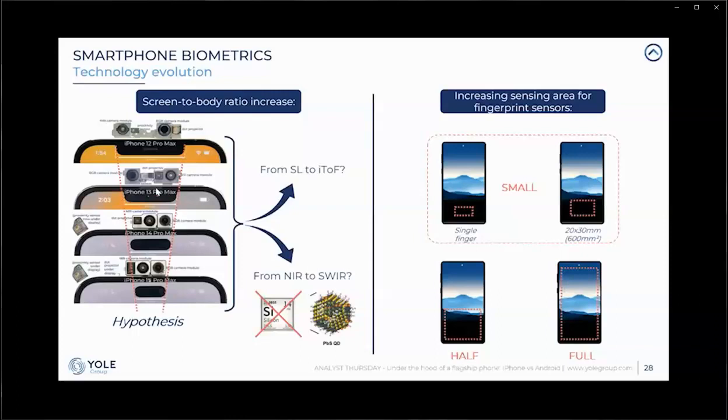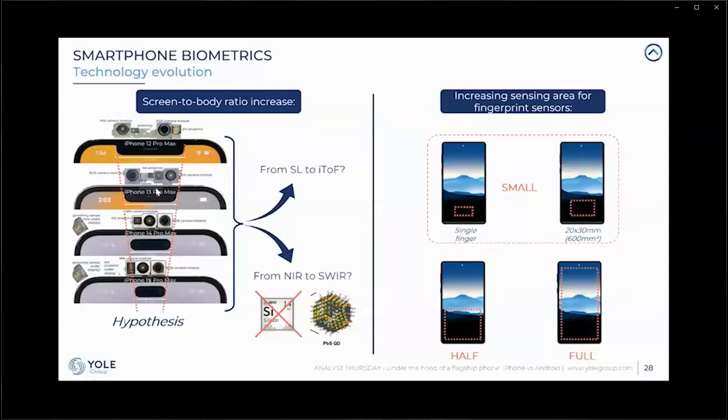And then there is another big trend in the smartphone industry, which is to decrease the size of the notch at the top of the smartphones to increase the screen-to-body ratio. And for that, we would like a technology that can be integrated below the display. So today, that could be done by changing the operating wavelengths of the 3D facial recognition module, switching from the near-infrared to the SWIR, the shortwave infrared.